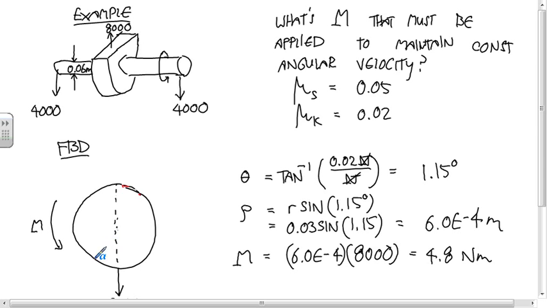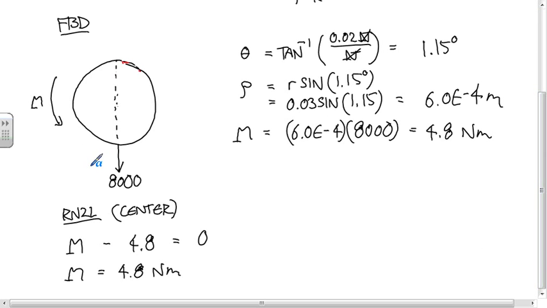So we'd have an upward force here of 8,000, a normal force here, a friction force here. This angle is theta, and this angle is theta.